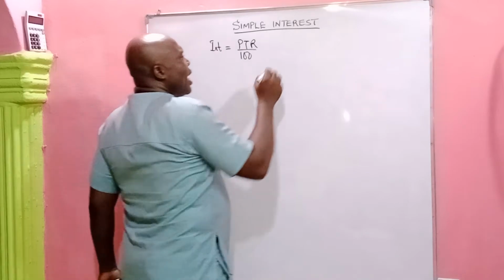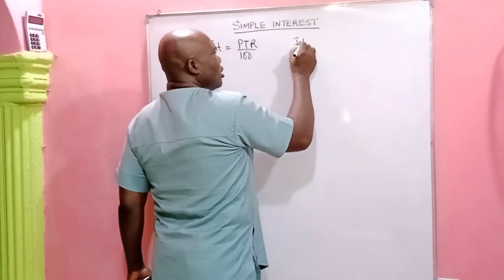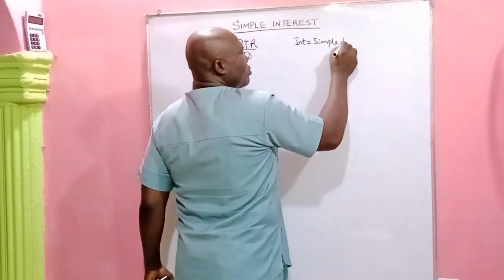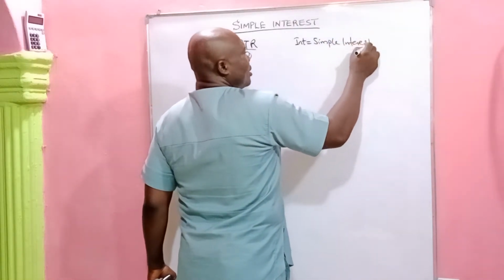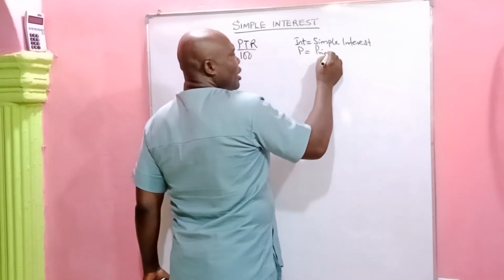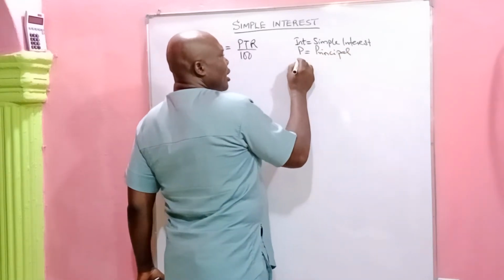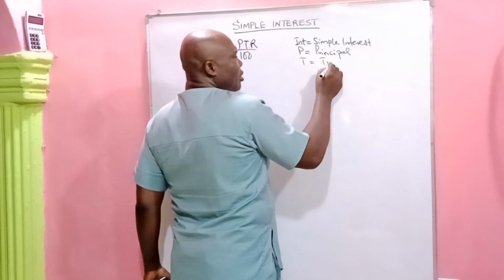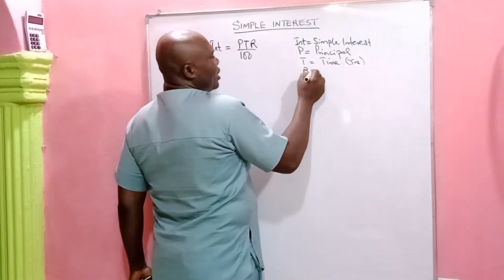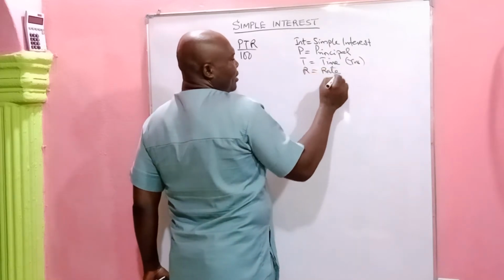Where INT is the simple interest, P is the principal, that's the lump sum of money that is invested, T is the time, usually in years, and R is the rate of interest, the rate percent.